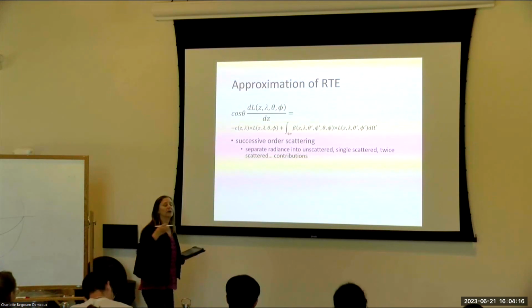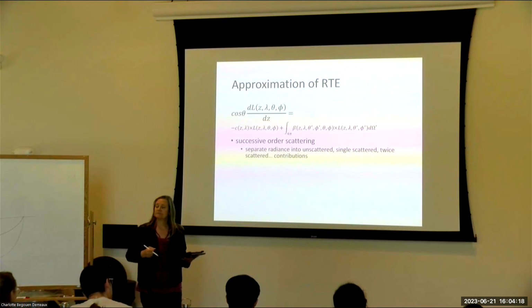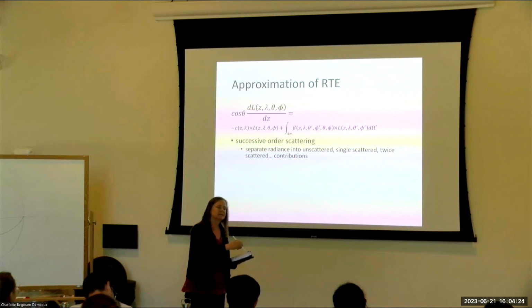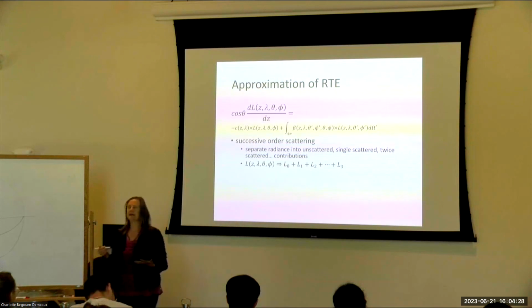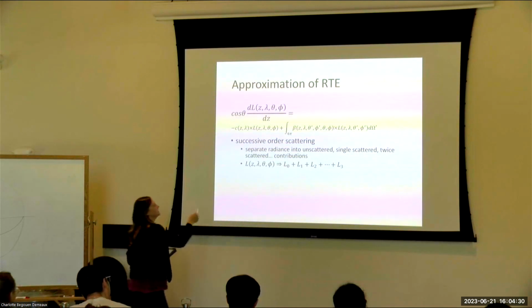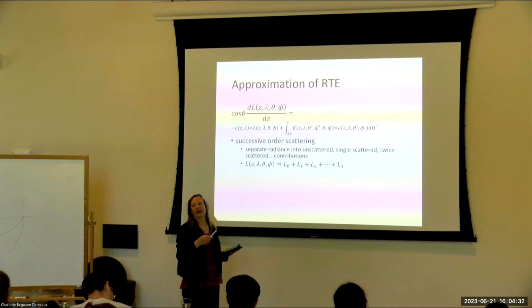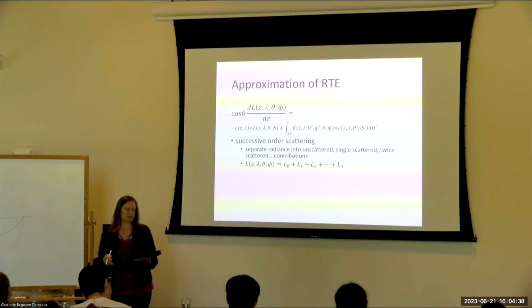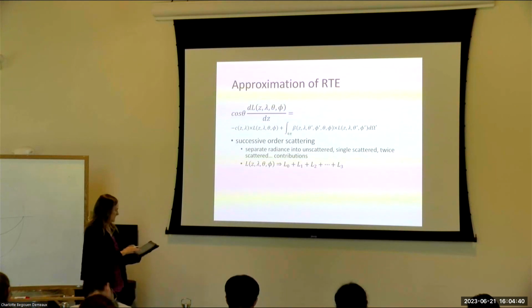I'm going to look at radiance that never got scattered, radiance that got scattered once, radiance that got scattered twice, and so you can separate the radiance term into these different amounts that radiance has been scattered. So that's successive order scattering. You can solve some cool solutions using that approach.